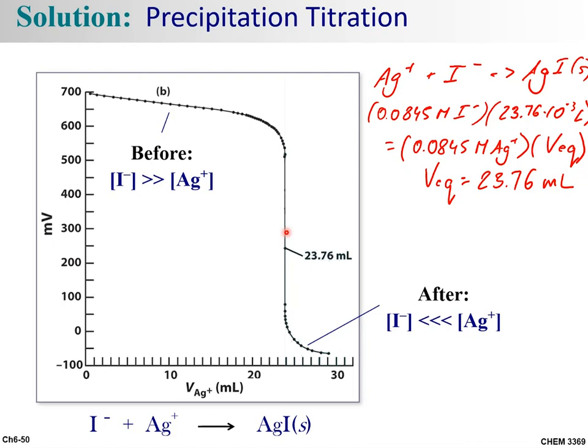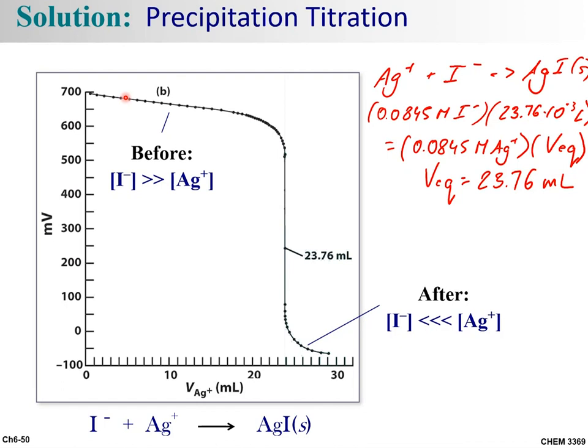So prior to the equivalence point, okay, all added silver plus ions react with the iodide to form the precipitate, silver iodide, right? So prior to the equivalence point, the concentration of silver plus in the solution is very low and nearly constant because we immediately use all that silver plus added.